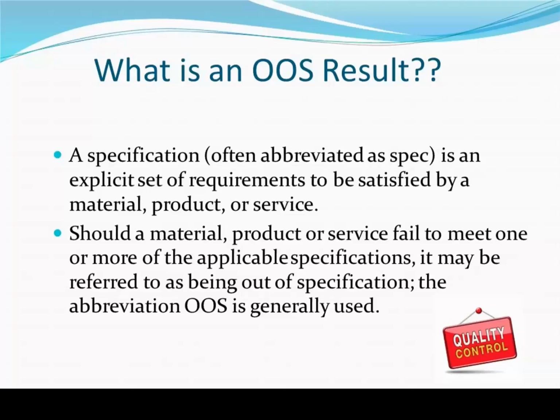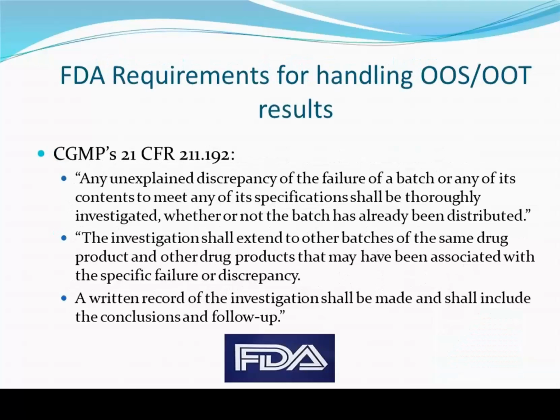In the event that you have one of these specifications fail or not meet the applicable specification, that's when we call it an out of specification or an OOS for short. These are usually seen in the quality control laboratory, although it can be in any GLP laboratory or GCP laboratory if there are specifications assigned.